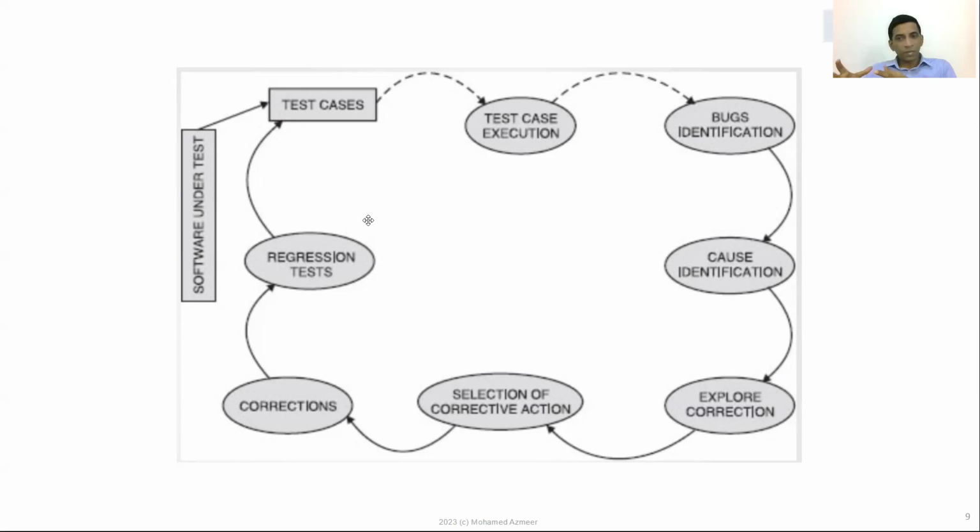And then we try to figure out, okay, explore the correction, how to correct this. And then figure out selection of corrective action. Then we correct it and then we put it back to testing. So that is called regression testing, testing again on the same sort of condition, same environment, same scenario. And it goes on until the software is fully functioning.